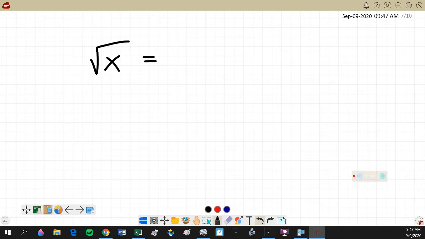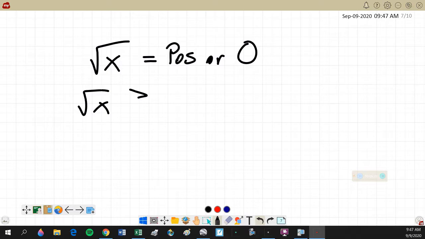This answer must be positive or 0. So the square root of x must be greater than or equal to 0. There is no way to square root a number and end up with a negative. It just can't happen. You can get imaginary numbers, which we won't deal with today. You can also get 0 if you square root 0, or you can get a positive number. So there is no square root that will yield a negative number.